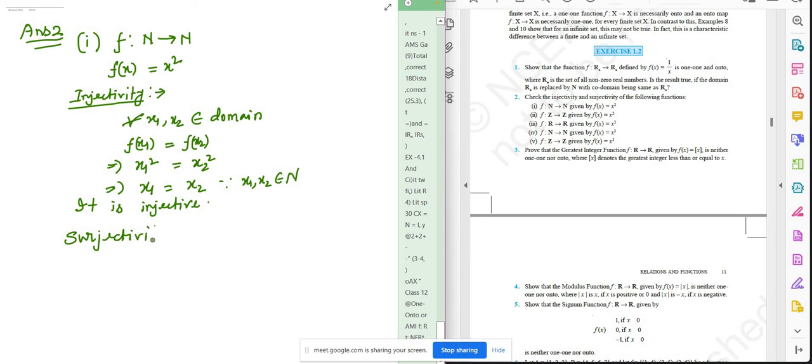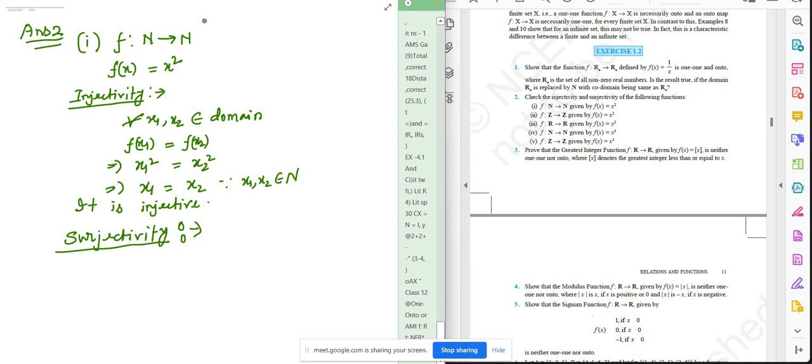Now check whether it is surjective or not. Surjectivity. First think, after that write. Tell me, if you consider the value of y as 2, then what will be the pre-image of 2? x will be plus minus root 2. Neither plus root 2 nor minus root 2 is present in domain. It means 2 has no pre-image.